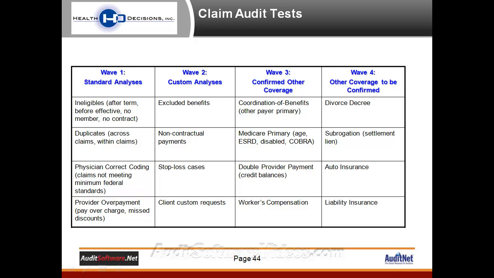You may want to take a look at coordination of benefits, where we ensure that we're going to the primary person first, or going to Medicare or what have you first before using our coverage. So again, these are all the different types of claim audit tests that you could do. Wanted to show them to you, but we'll keep moving here in the interest of time.